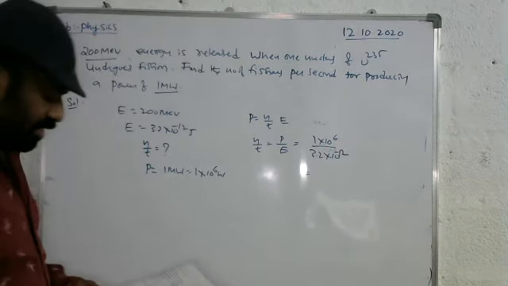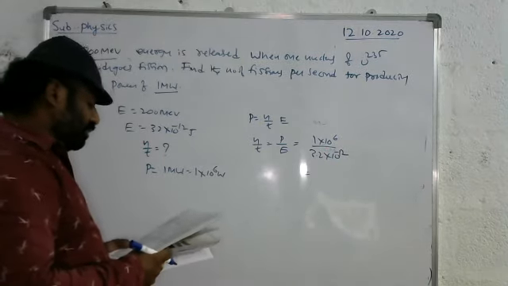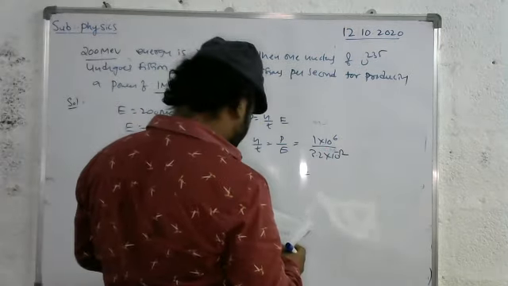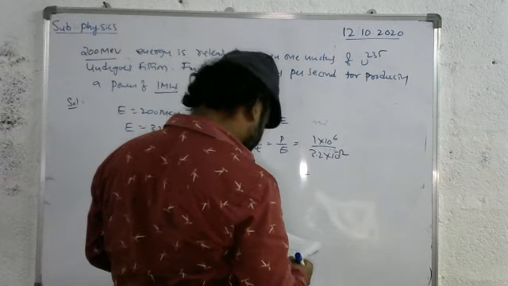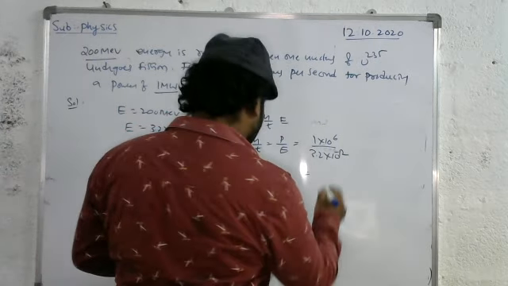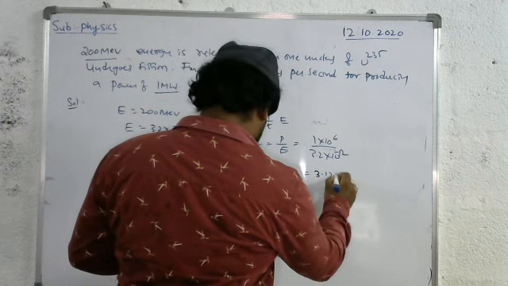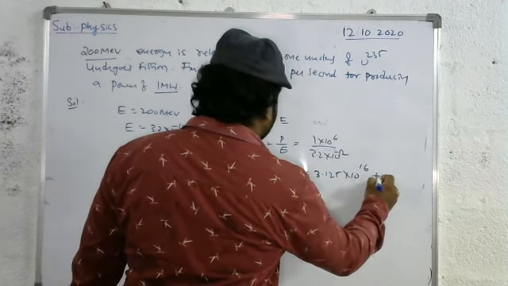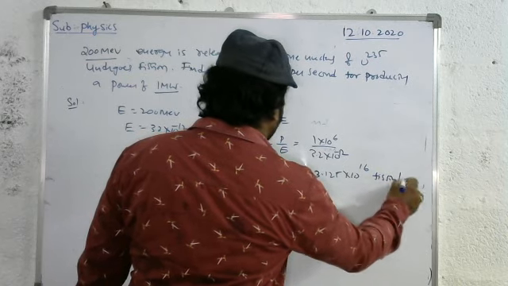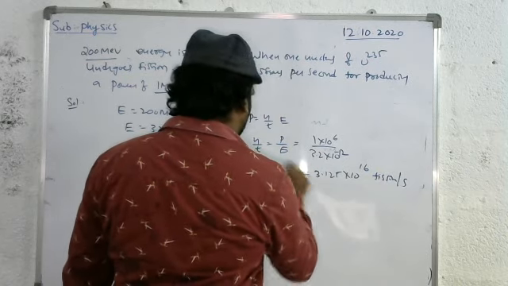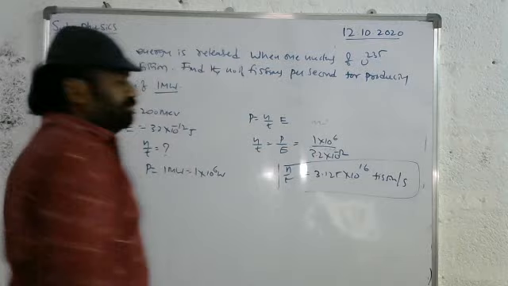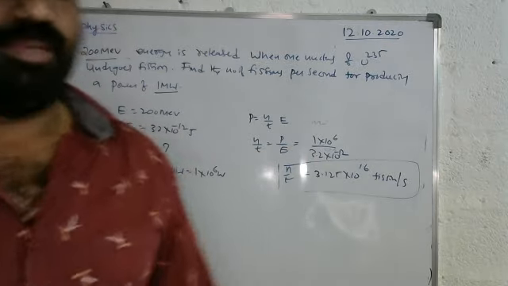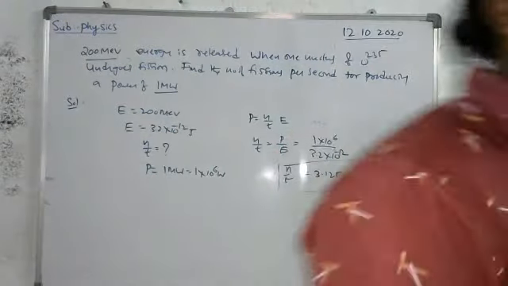By simplification we get 3.125 into 10 to the power of 16 fissions per second. This is the value.